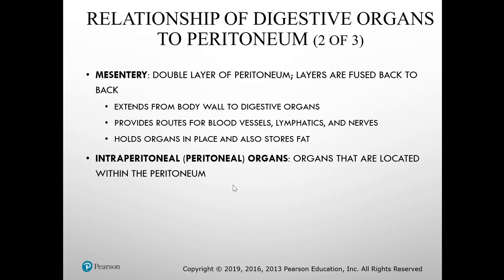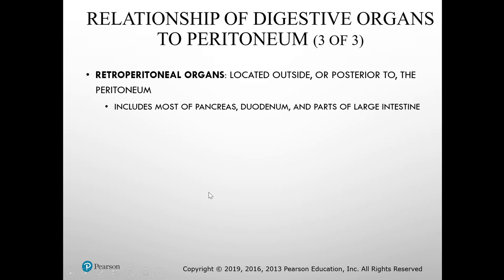But sometimes some of them are outside of the peritoneum, which means they are located between the wall of the abdominal cavity and the peritoneum itself, in which case you call them retroperitoneal. The retroperitoneal organs are located outside or posterior to the peritoneum. They include most of the pancreas, the duodenum, and parts of the large intestine.